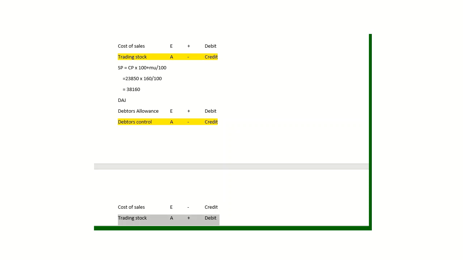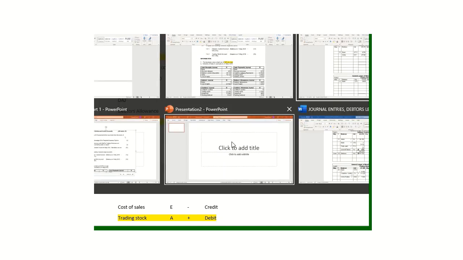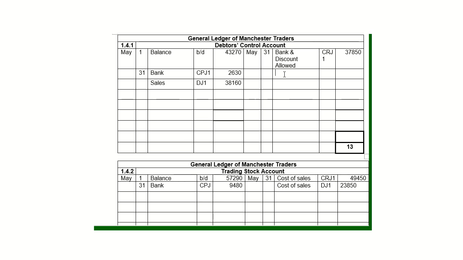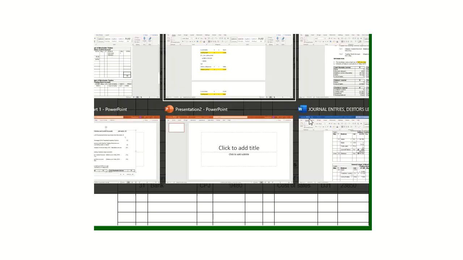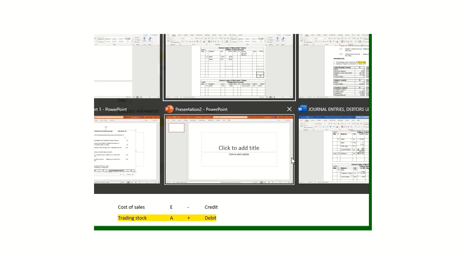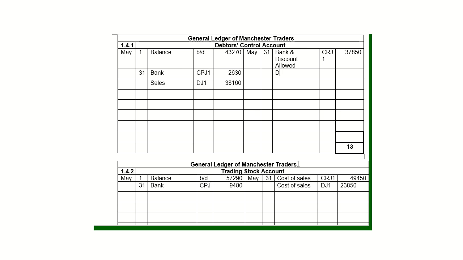Good. So we can look at the debtors control on the credit side. So go to debtors control on the credit side. Still the 31st. What was the opposite entry? What account did we debit? Debtors allowance. So we'll put in there debtors allowance.